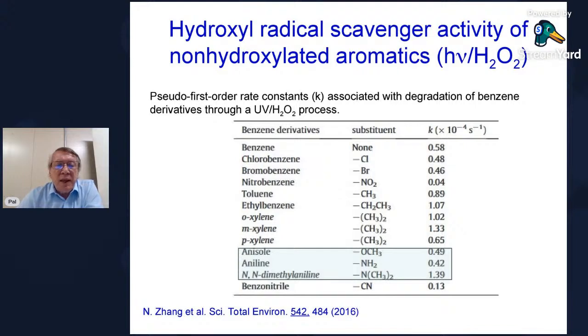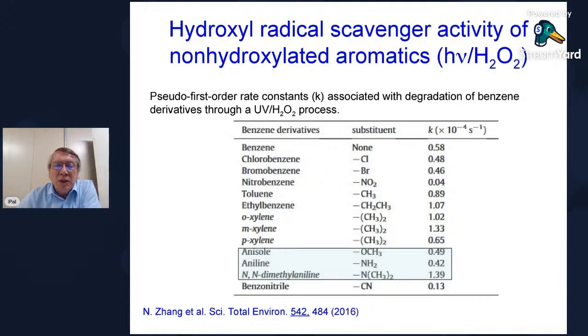Other authors also investigated the effects of substituents on the reactivity of benzene derivatives with non-hydroxyl substitution. They compared the pseudo first-order rate constants associated with degradation of the benzene derivatives in experiments in which hydroxyl radicals were generated by UV irradiation of hydrogen peroxide.